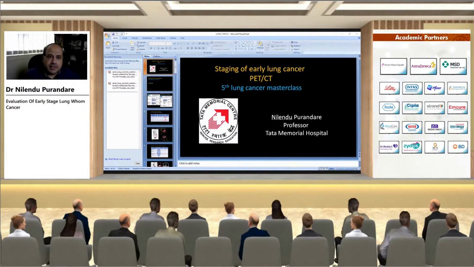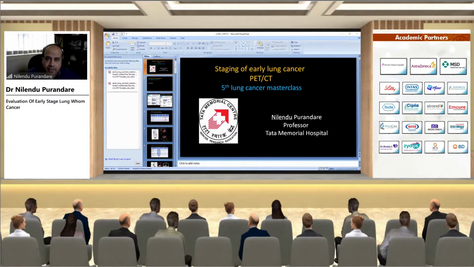Now, to just give you an example, if you look at this CT scan of the chest, you can see that there is this peripherally situated lung cancer, eminently operable. But if you look at the whole body FDG PET-CT, you can see that along with the FDG avid lesion here in the right lung, there are these two tiny foci somewhere in the abdomen. Now, if you look at the CT scan, you don't really see any obvious abnormality.